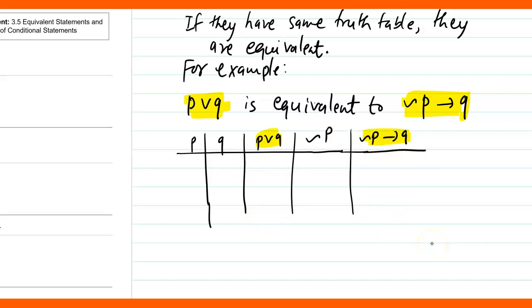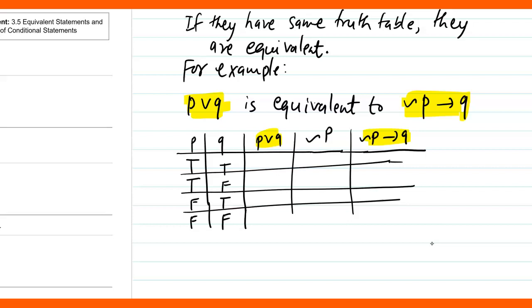So as we know, write T, T, F, F, T, F, T, F. There are four possibilities.